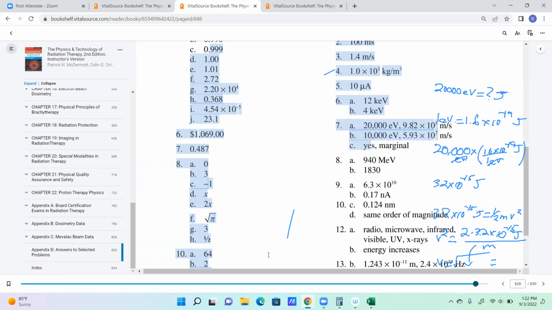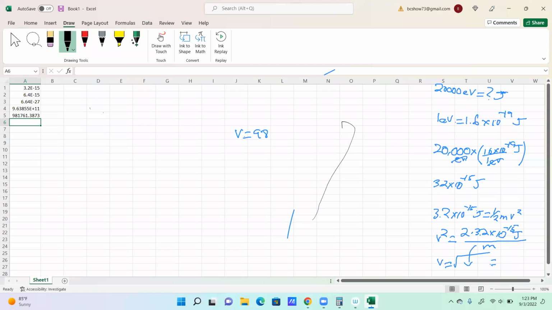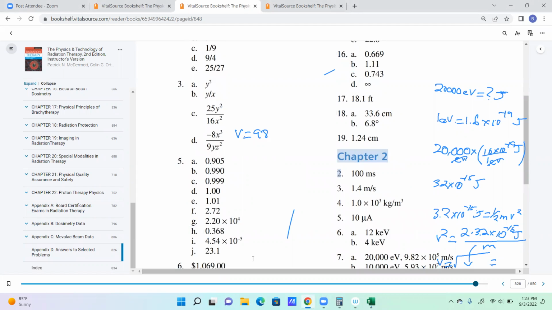Because if I write out the answer that I found, it was 980 something or other. It's not letting me do that because this is engaged. 981,761. So that's where it comes from. So 981,761.